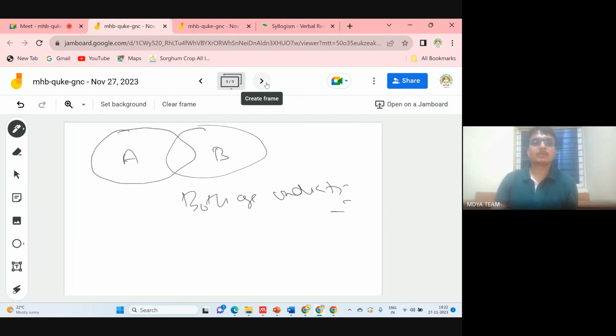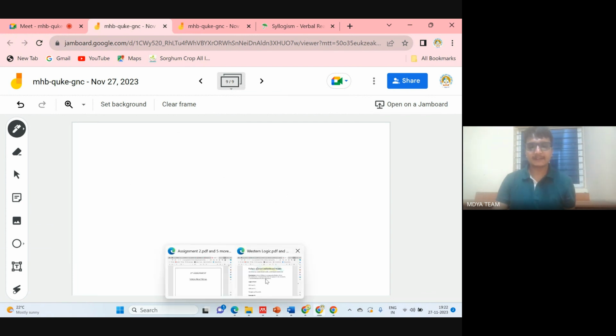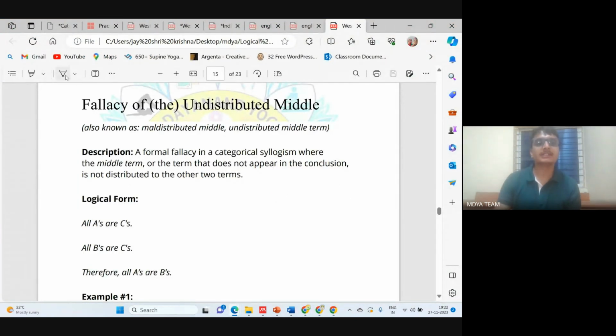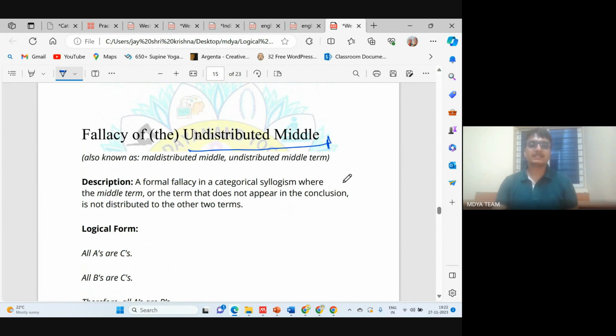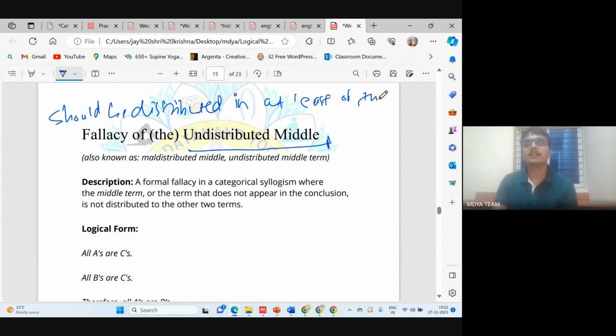Okay, now let's come to these fallacies. Fallacy of undistributed middle. What is the rule behind this fallacy? The rule is that your middle term should be distributed in at least one of the premises.